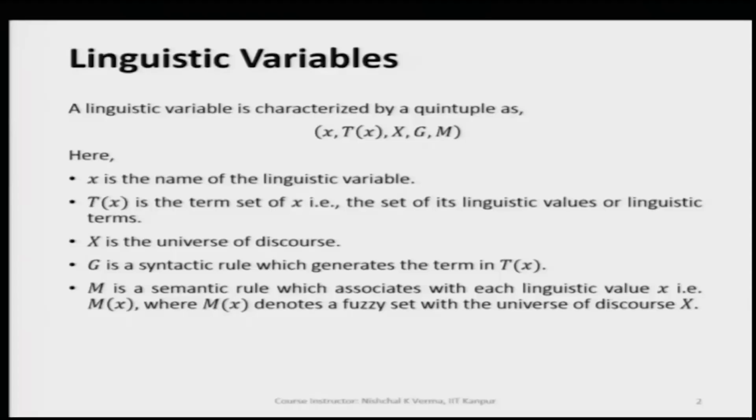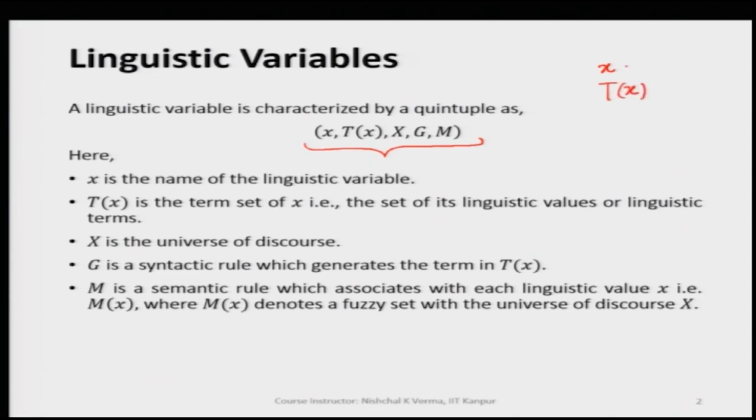A linguistic variable is characterized by a quintuple, and this quintuple basically has 5 variables. Here these 5 variables are x, T(x).